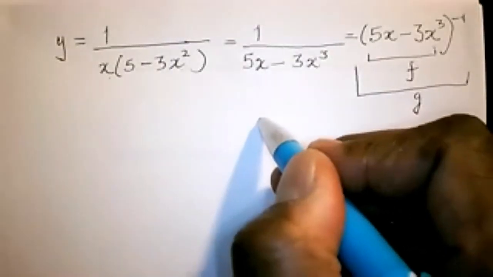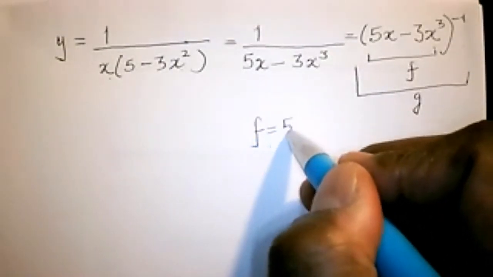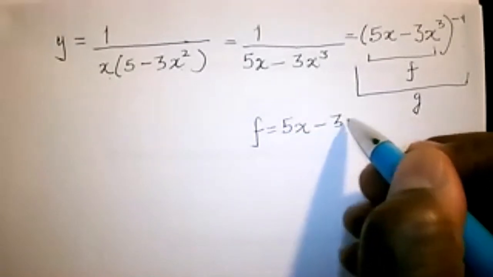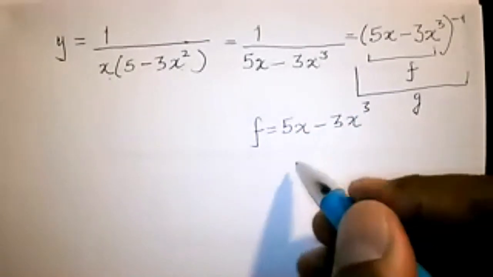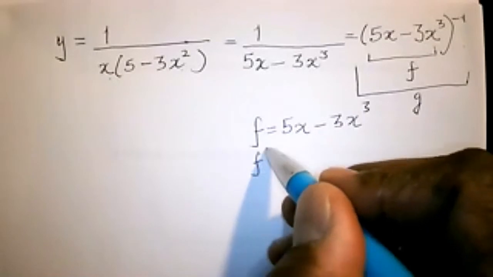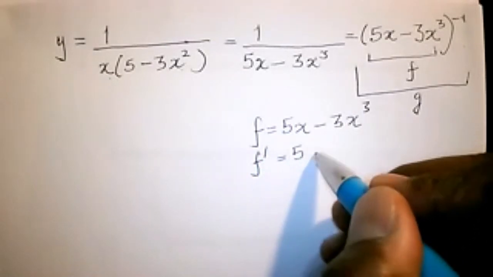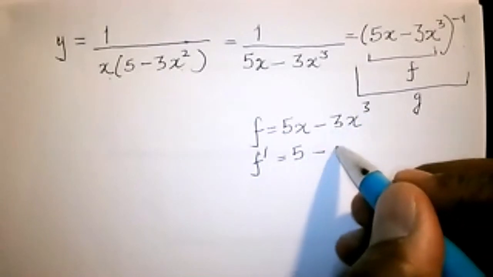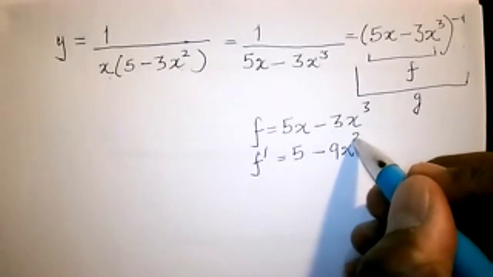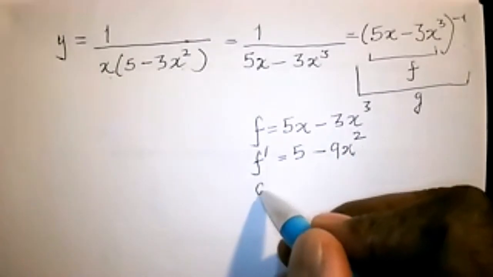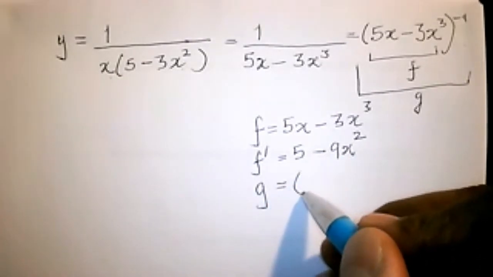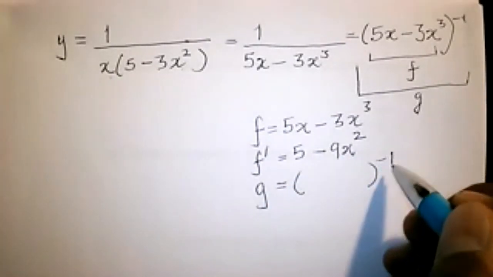So let's rewrite this. Our f is 5x minus 3x to the power 3, and f prime would be, this is just the 5, minus 3 times 3 is 9, so this is 5 minus 9x squared. Our g is going to be just bracket for now, to the power negative 1.